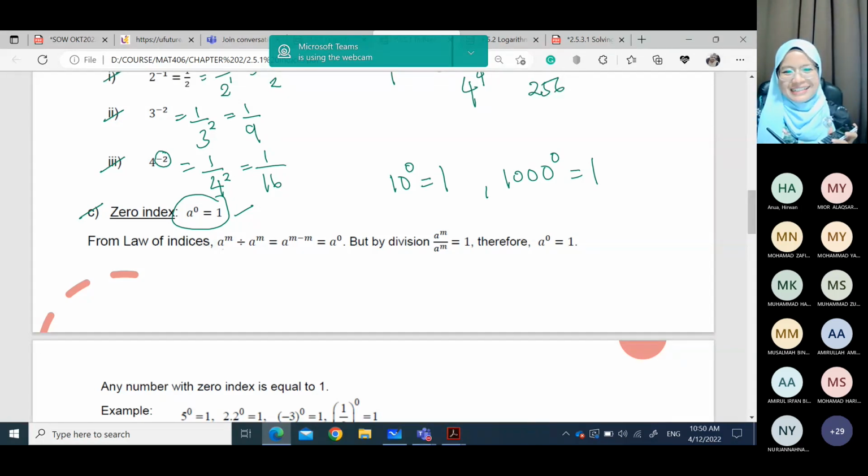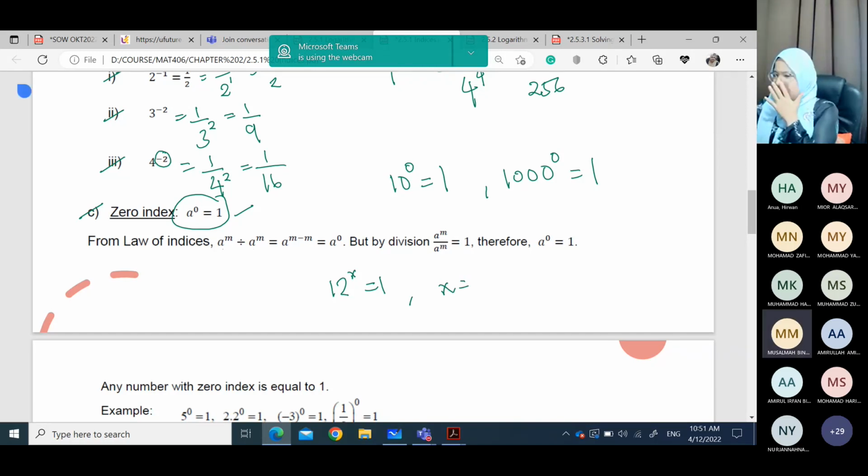Tak ada. Okay. So katakan kita ada, let's say we have 10 to the power of x equals to 1. So apa nilai x? What is x? 0. Kosong. 0. Yes, very good. Okay. Betul. Okay, alright.